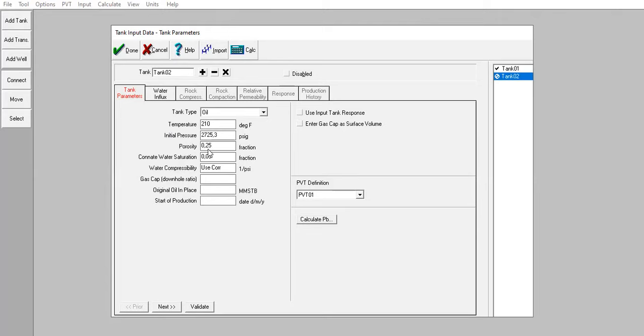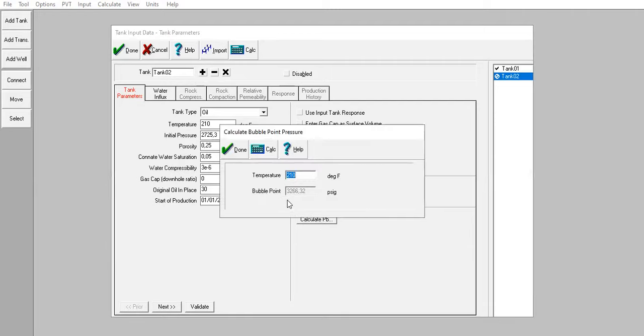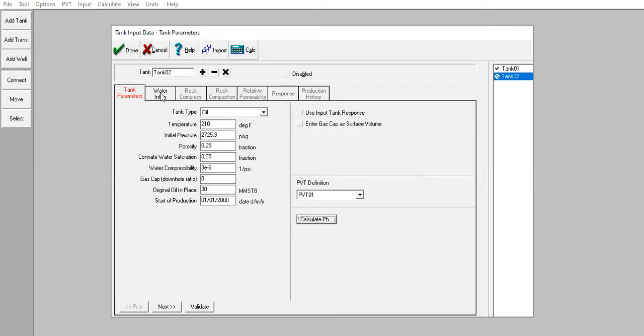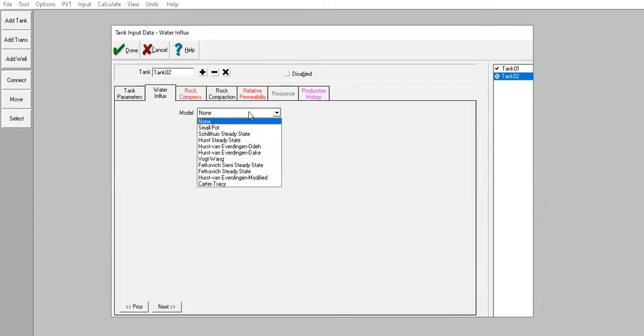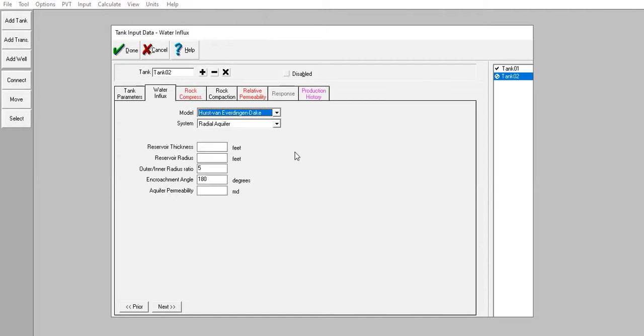Okay, water compressibility same, gas cap to downhole ratio 0, the original oil in place 30 million stock tank barrel of oil, the same start of the production. Okay, calculate the bubble point pressure, this one, click done. Water influx, we will do the same steps.